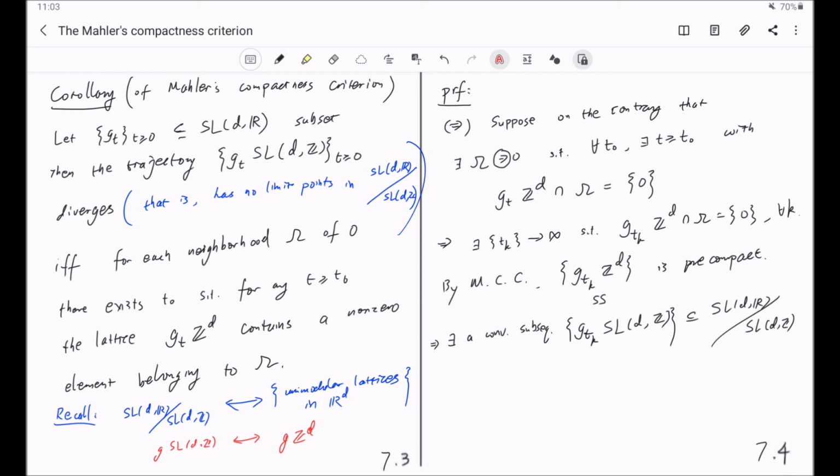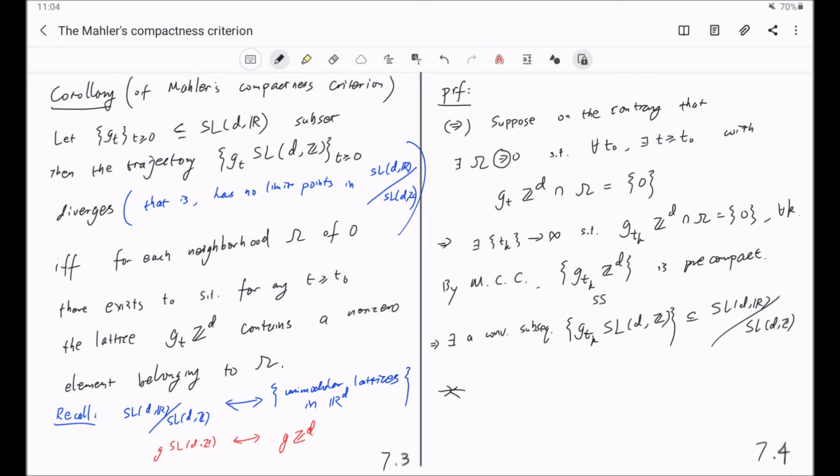Okay, now what do you see from this? On the left hand side of the statement of this corollary, you should be able to see a contradiction, because we got the convergent subsequence in this homogeneous space, but the left hand side of the statement of this corollary says that this trajectory should not have any limit points in these homogeneous spaces.